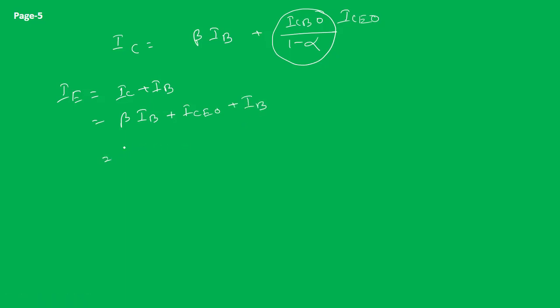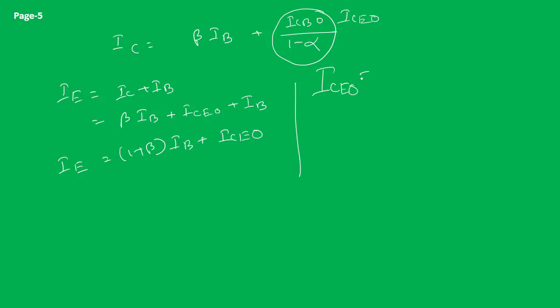Further, we can write IE, the emitter current, is equal to 1 plus beta IB plus ICEO.